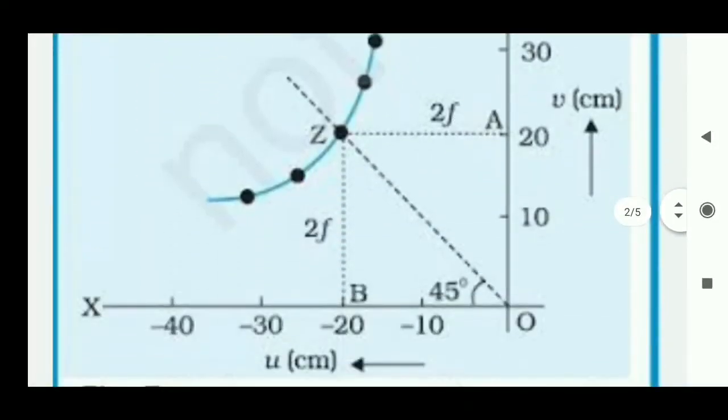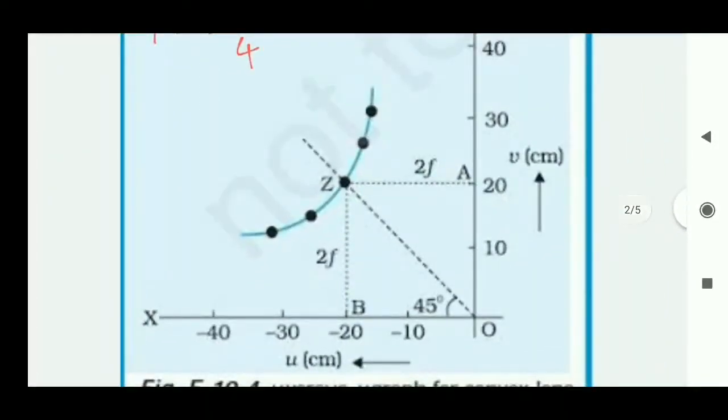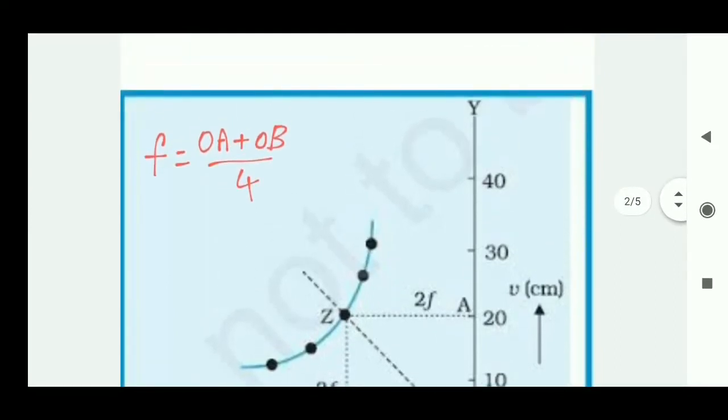That means where the line cuts the UV graph, at that point U is 2f and V is also 2f. So we can write OA is 2f and OB is also 2f. So we can calculate the focal length using the UV graph: f equals (OA plus OB) by 4, that is (2f plus 2f) by 4, we get f.